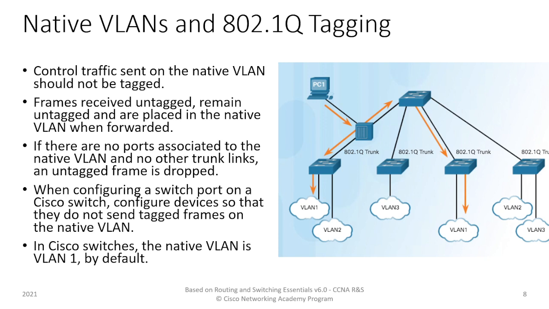The packets could be received, but if we don't have any corresponding VLANs associated with that VLAN tag, those frames will be dropped from our network, because we don't have any devices that we can identify with that VLAN identifier.